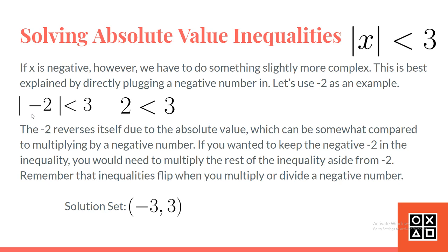So if we're looking for all negative x, we would have to change the sign. Actually, no. If you were to multiply by a negative number, the inequality would be flipped.